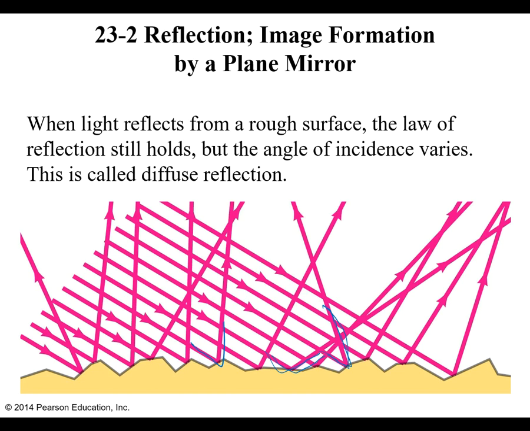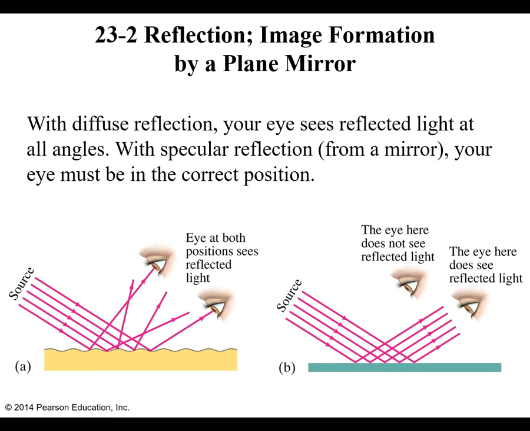When this happens, the light is scattered around, and anybody can see it, as you can see on the left. The light's scattered in all directions, and so this person up here can see some of the light rays from that object, while the person down here sees other light rays from the object, the result being both of the people can actually see the object. They can see that light.